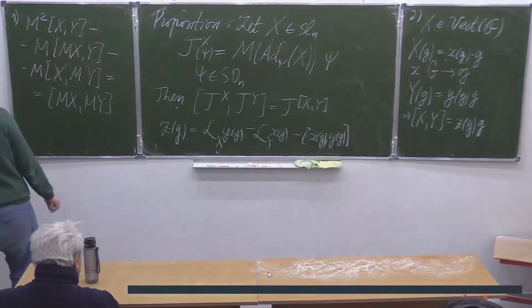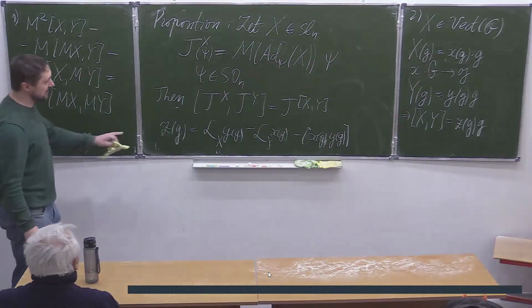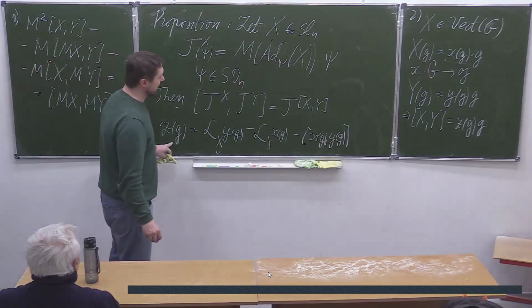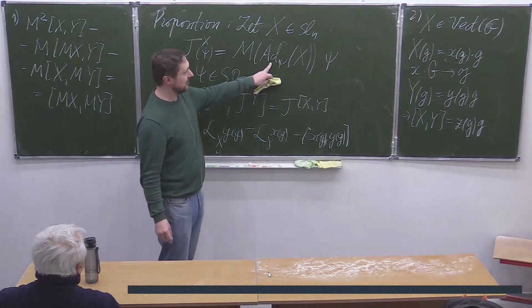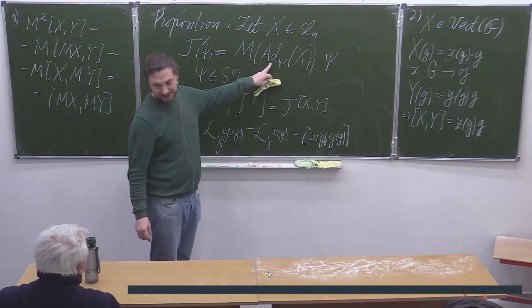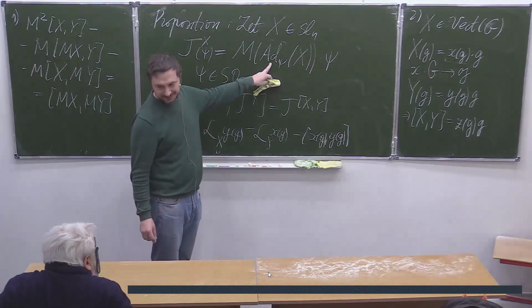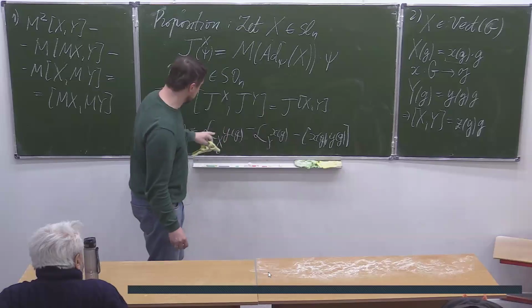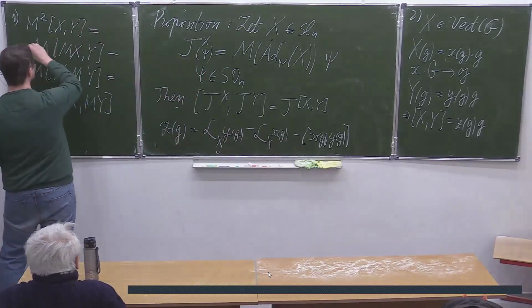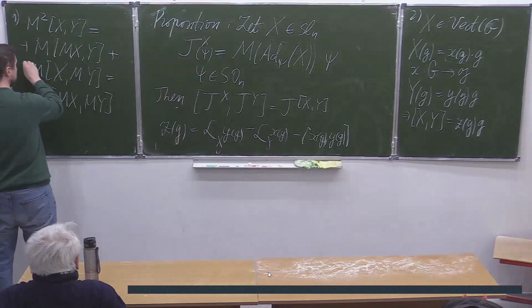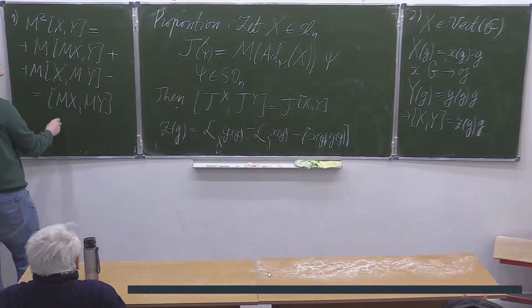But now if I combine this, and we also remember that when you differentiate the adjoint action, you get the small adjoint action, you will get precisely the combination of this and this here on the right.